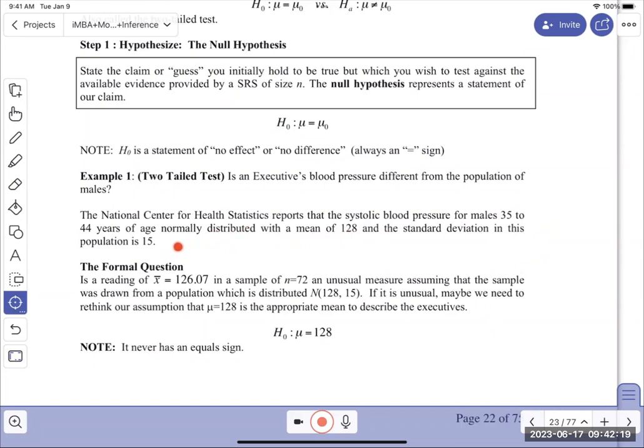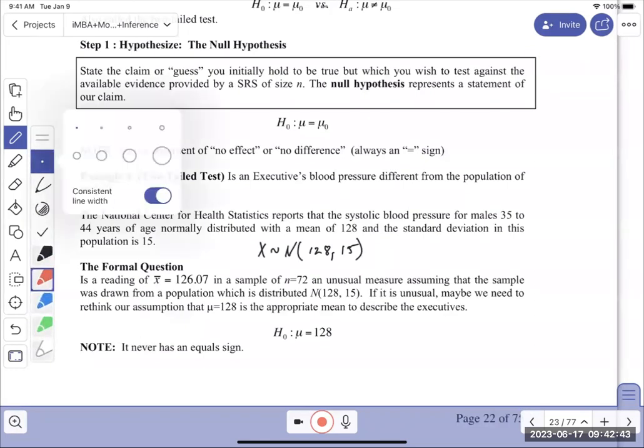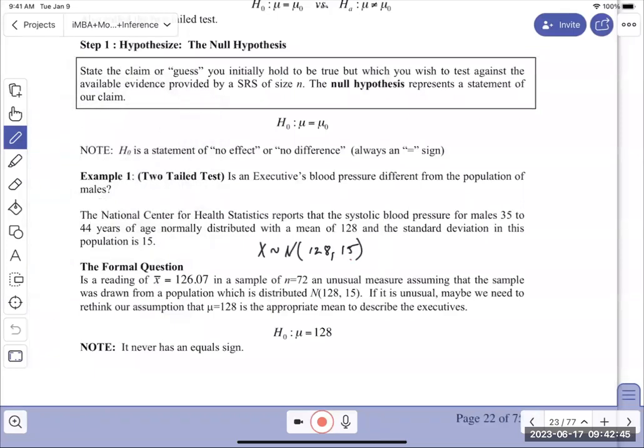So what did we learn? We learned that X, systolic blood pressure for men 35 to 44, is normally distributed with a mean of 128 and a standard deviation of 15. So this is our sigma, and this is our mu.